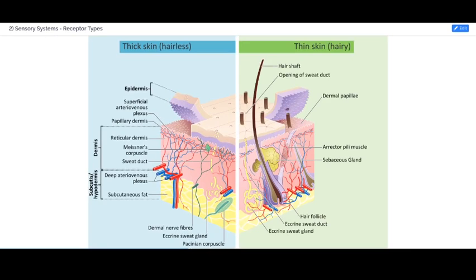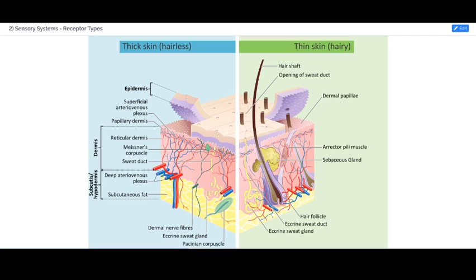This figure demonstrates a couple of types of encapsulated nerve endings found in the skin. Notice in the bracket labeled dermis on the left side, there is a Meissner's corpuscle indicated. In the subcutaneous fat region down below, not next to the bracket, notice that there's also a label for a Pacinian corpuscle.